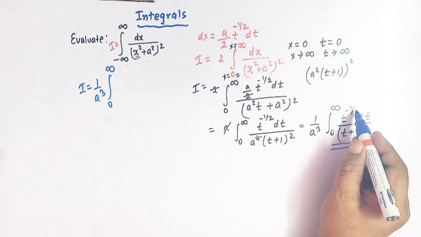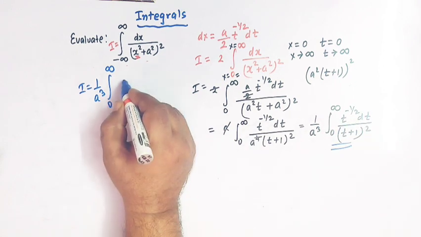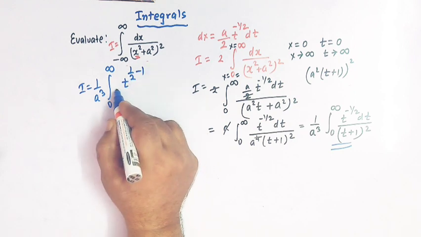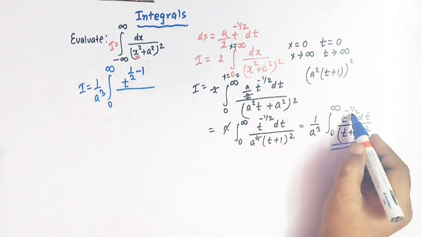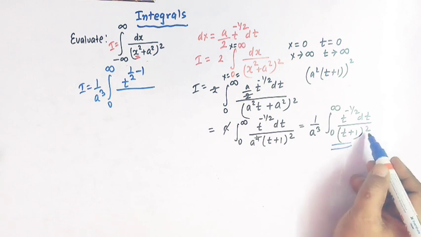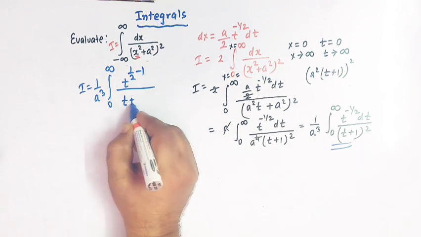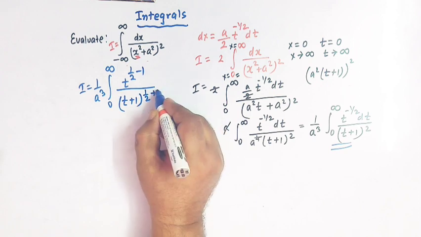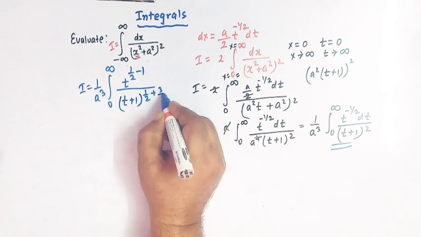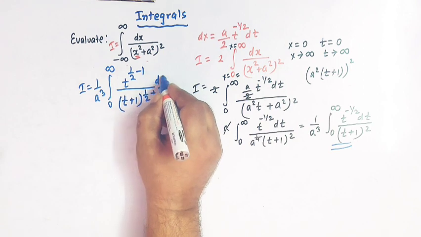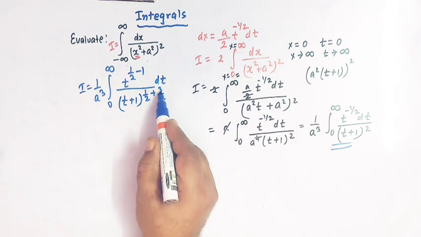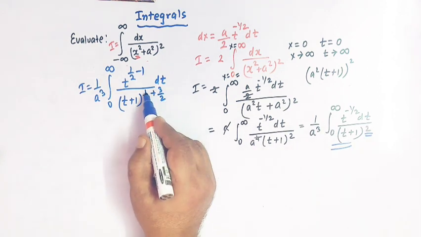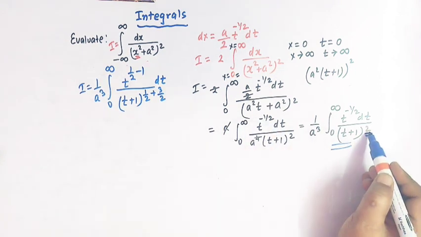Here we have t raised to minus half, and t raised to minus half can be written as t raised to (half minus 1), because half minus 1 is minus half, and (t plus 1) square can be written as (t plus 1) raised to (half plus 3 by 2), and here we have dt, because half plus 3 by 2 is 2, right? 3 plus 1 is 4, 4 divided by 2 is 2.